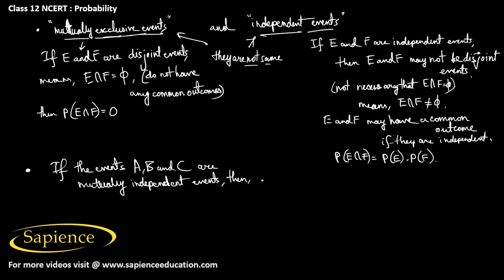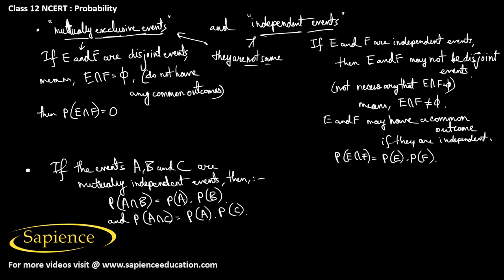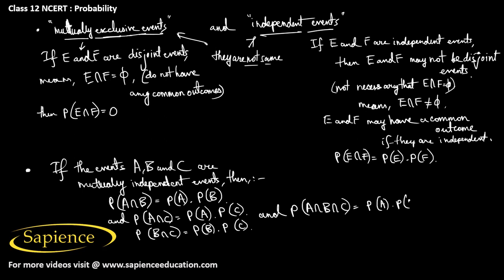Then we should have that the probability of the event A intersection B equals P of A times P of B, and the probability of A intersection C equals P of A times P of C, and the probability of B intersection C equals P of B times P of C. And the probability of A intersection B intersection C, the simultaneous occurrence of the events A, B, C, equals P of A times P of B times P of C. So then I will say that the three events A, B, and C are mutually independent events.